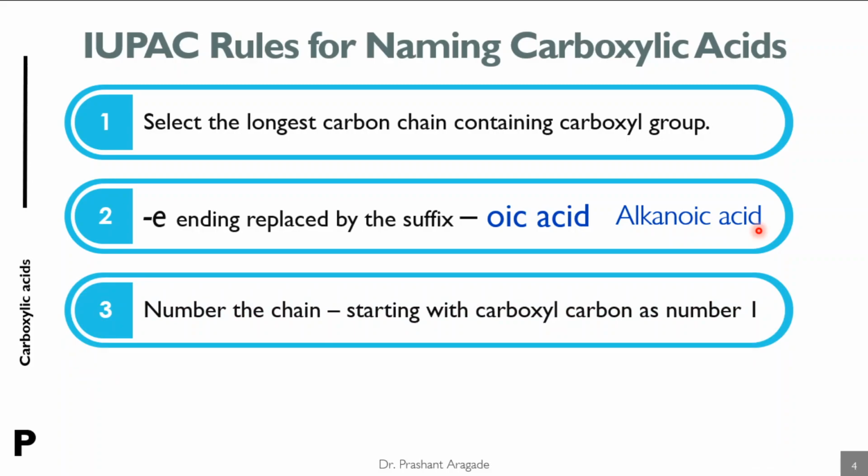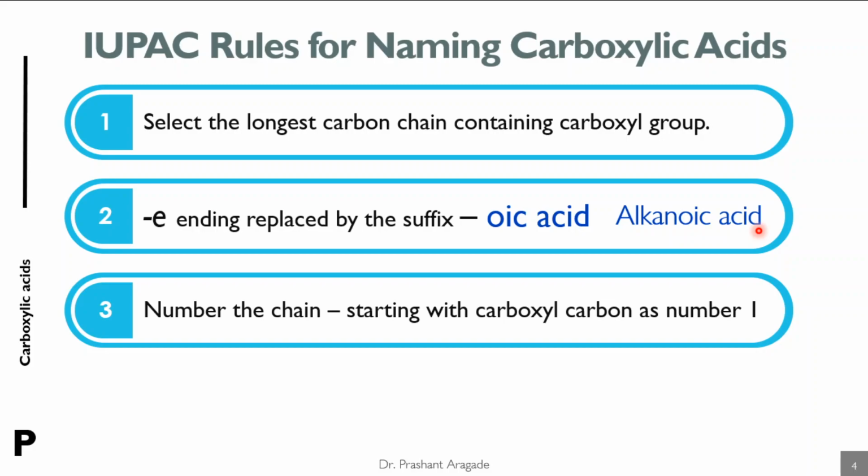Then you have to number the chain. Remember that in the case of carboxylic acid, the numbering should be started from the carboxylic carbon atom. It means you have to give the first number to the carboxyl carbon atom. Hence, the number 1 is given to the carboxyl carbon atom since it is always located at the end of the chain.